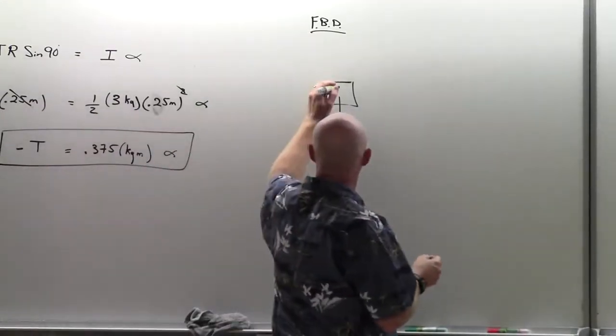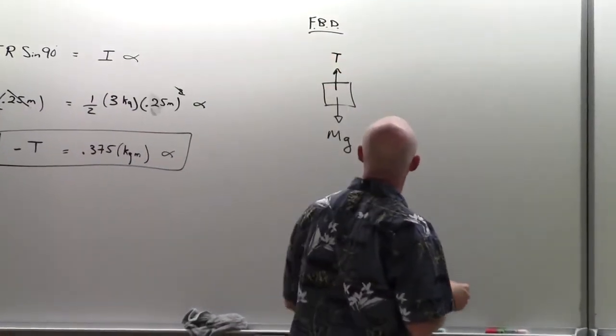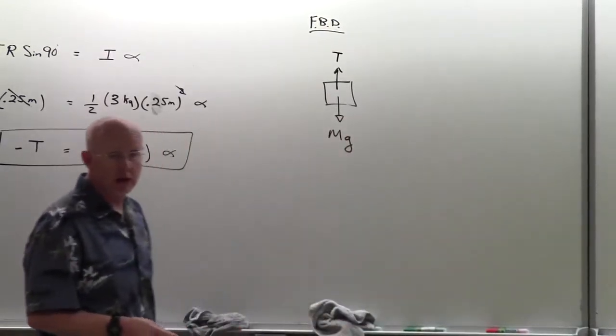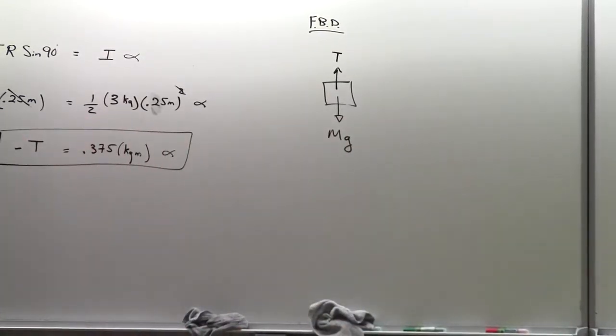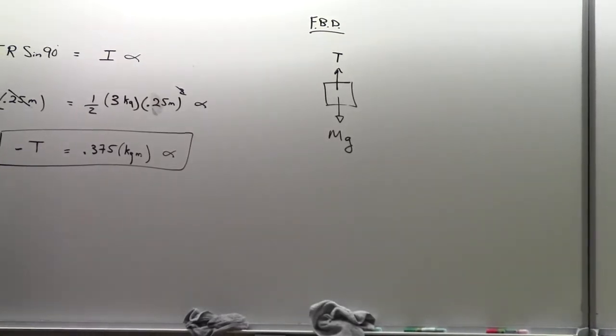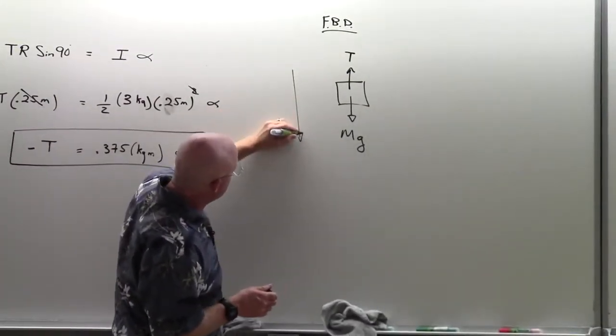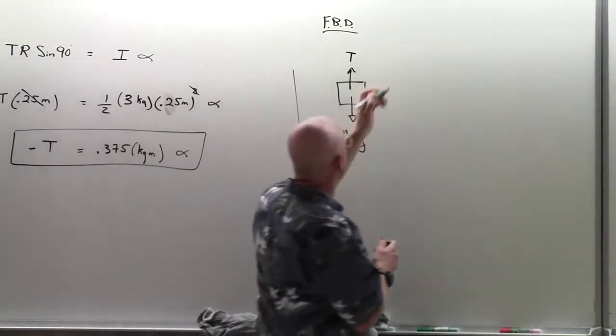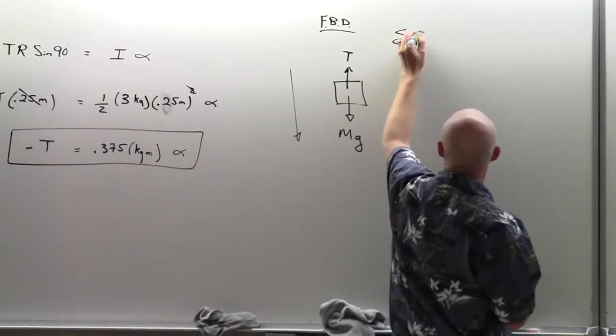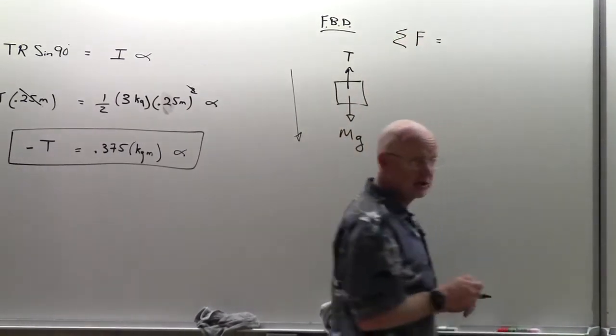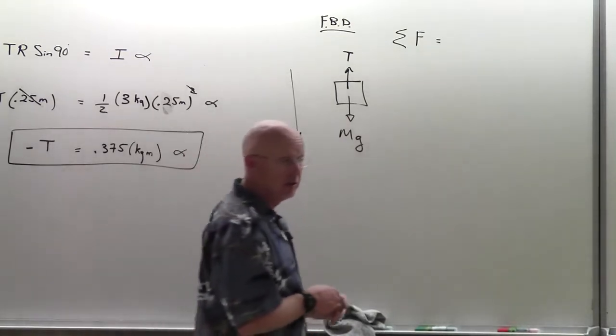And of course, what's lifting it up is the tension A. Let me, of course, realize that this is all translational motion. So this is not going to be a discussion about the sum of the torques. This will be a discussion about the sum of the forces.